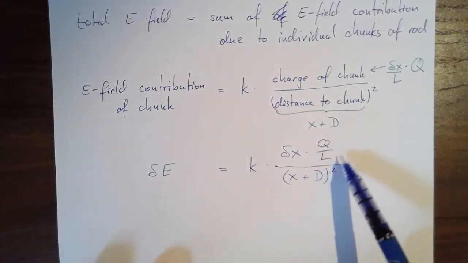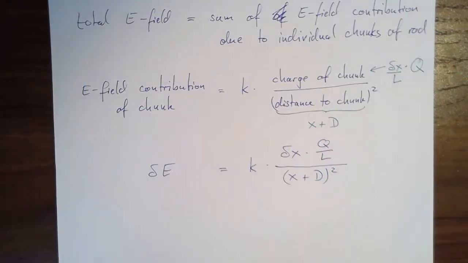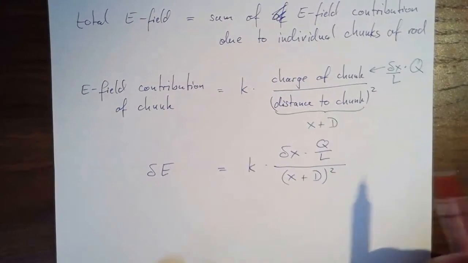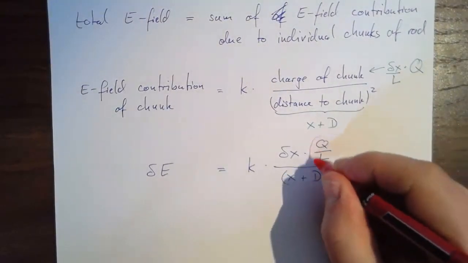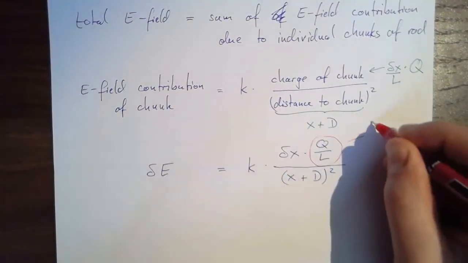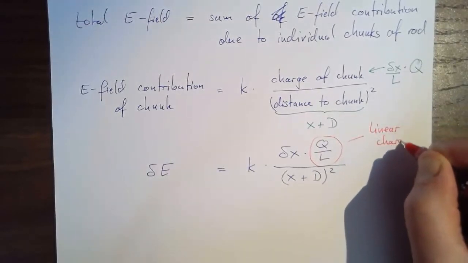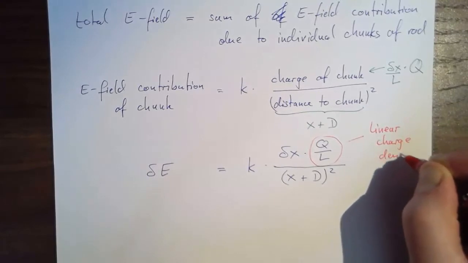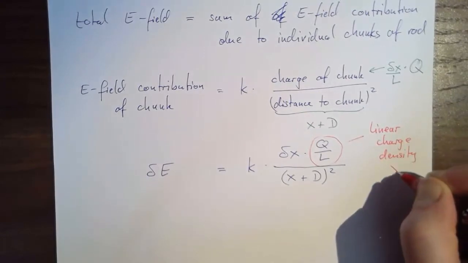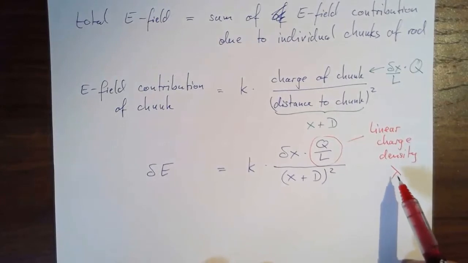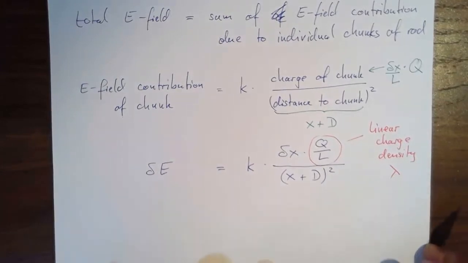This thing, Q over L, is called the linear charge density. It says how much charge we have per length. This fraction, charge per length, is called the linear charge density, and it's sometimes written as lambda, a lowercase Greek lambda.